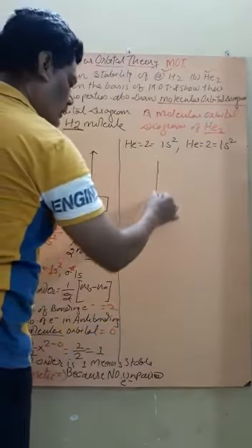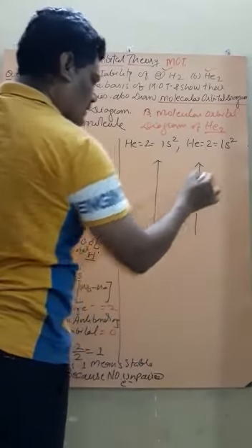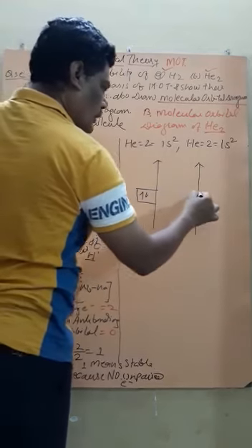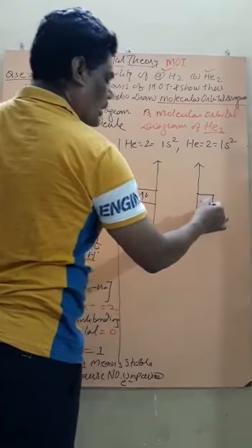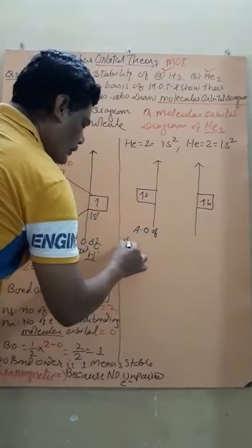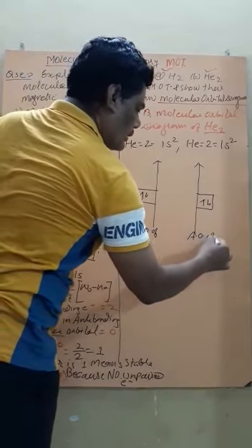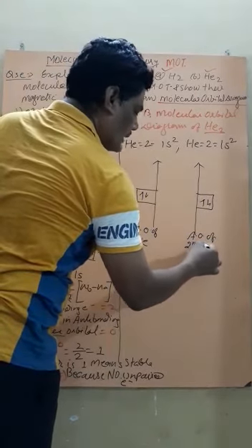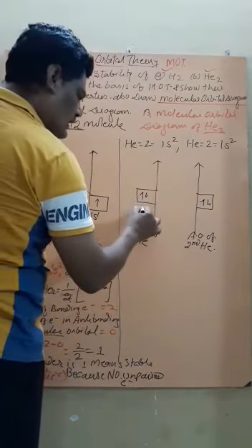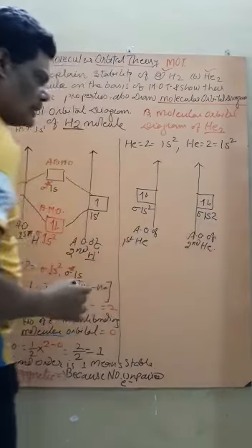Now when we draw the molecular orbital diagram, very first draw the energy levels in this way. Here for electronic configuration, this is 1s2 of one atom, this is 1s2 of the second atom. This is the atomic orbital of the first He, and this is the atomic orbital of the second He atom. Now the designation is sigma 1s2, and again sigma 1s2.